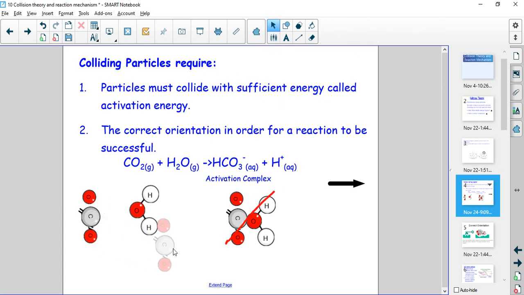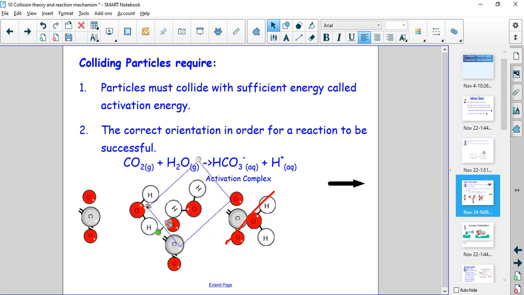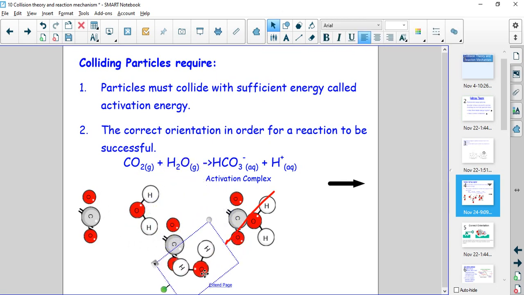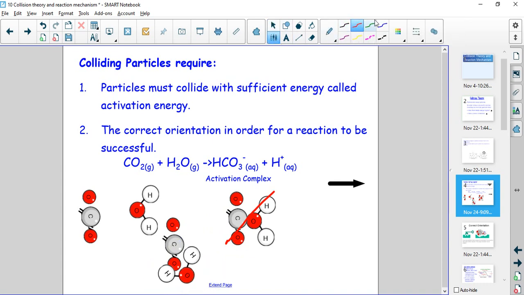Well, they're going to have to collide in a different orientation. So let's say they have to collide like that. Just making this up here. But let's say that is the correct orientation for the reaction to take place, and that will, with enough activation energy, with enough kinetic energy, yield a reaction. Okay, this is just a little prelude to what we're going to see next.